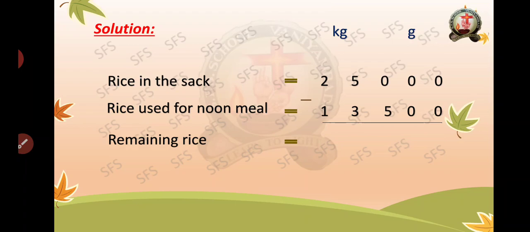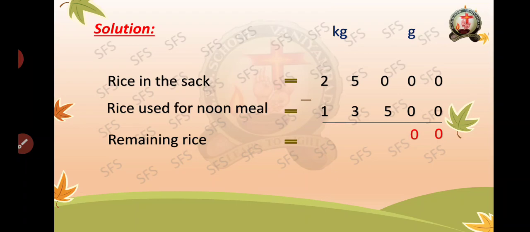Now 0 minus 0 is 0. Then once again 0 minus 0 is 0. Now look at here, children. 0 minus 5. This 0 is smaller than 5, isn't it? 0 is smaller than 5.